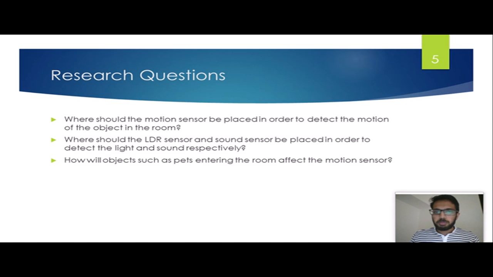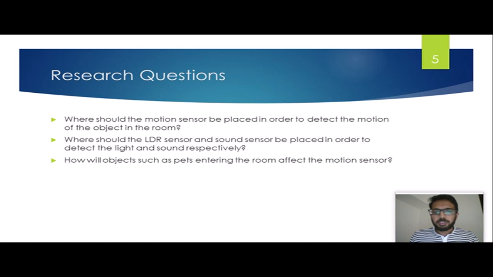The motion sensor will be placed right at the top of the entrance, at the top of the gate where you enter, so that it can detect motion as soon as someone enters the room. The range will be set so that when a small pet or animal enters the room, it doesn't detect any motion, and the light will not turn on even if natural light is not present.